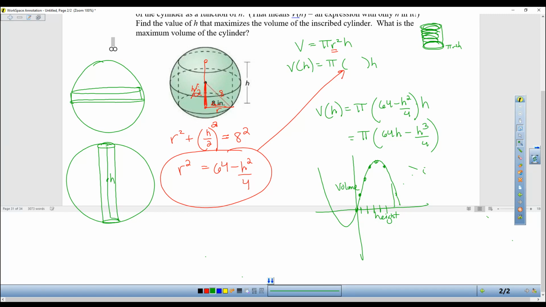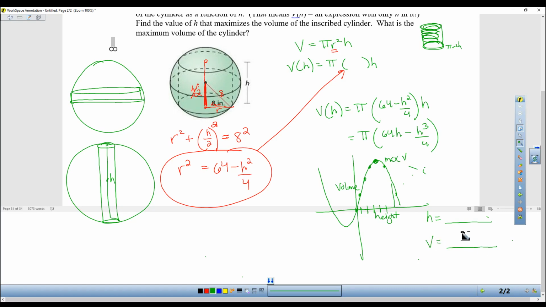But which one are we trying to find? We're trying to find this maximum height, or the maximum volume. Maximum volume, and what height does that happen at? So I do want you to finally try one on your own. I don't want to just give you the answer, but I also want you to be able to check it. So the question is, find the h that maximizes the volume. I'm not going to tell you that, but I will tell you the maximum volume.